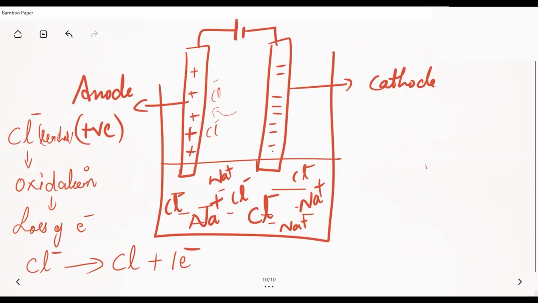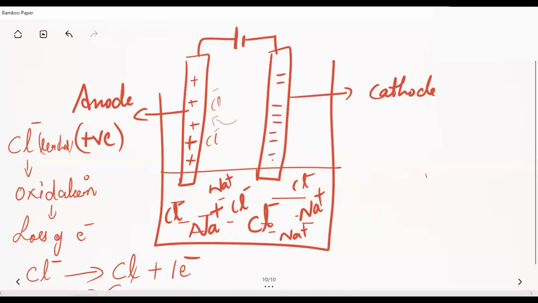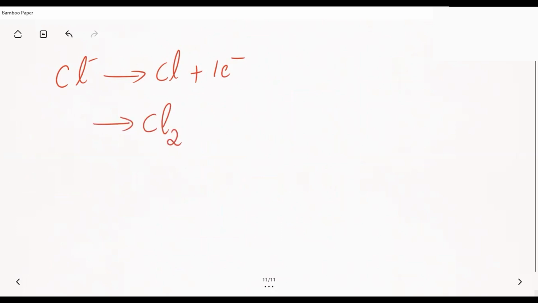To make this Cl2, Cl minus loses one electron to become Cl, and you have to take two chloride ions. A lot of chloride ions are there, right? So two chloride ions will become Cl2.